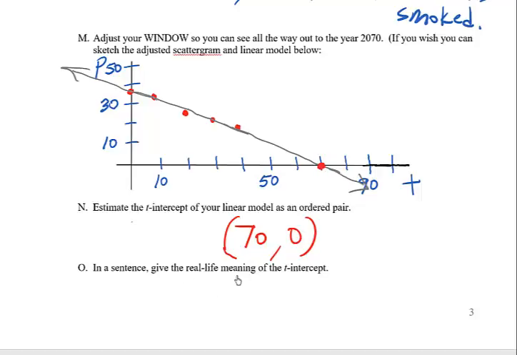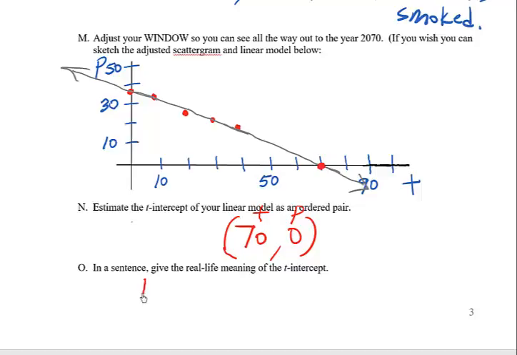Well, let's go on to part O. What's the real-life meaning of that ordered pair, (70, 0)? Again, the key always is remembering that the 70 is a t, years since 1970, and the 0 is a p, percentage of Americans who smoke. So, 70 years since 1970. You might have to think for a minute about what year we're talking about there.